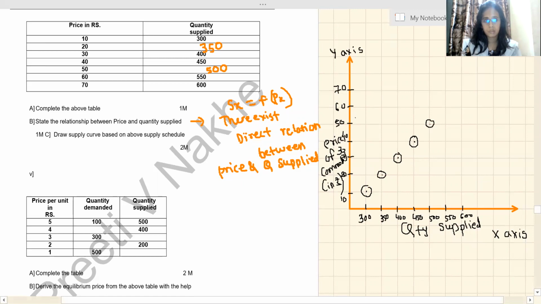At rupees 60, your supply is 550. And at rupees 70, your supply is 600. So simply I'm going to draw this upward sloping, label it as SS, upward sloping, label it properly so that you will get full marks. SS supply curve.